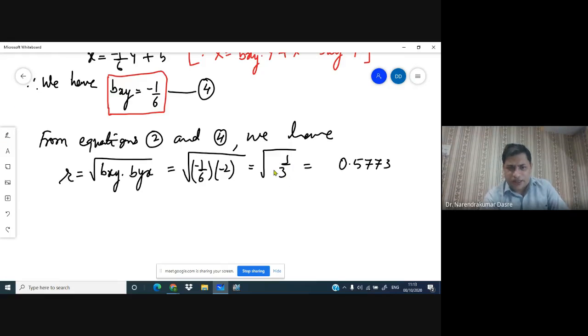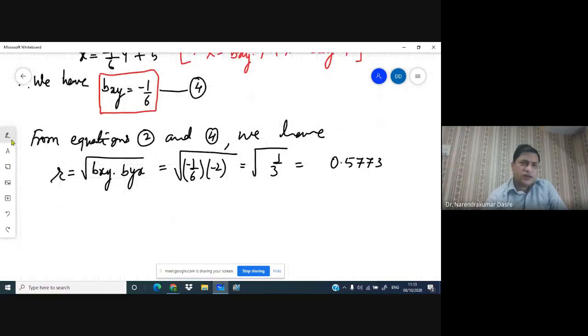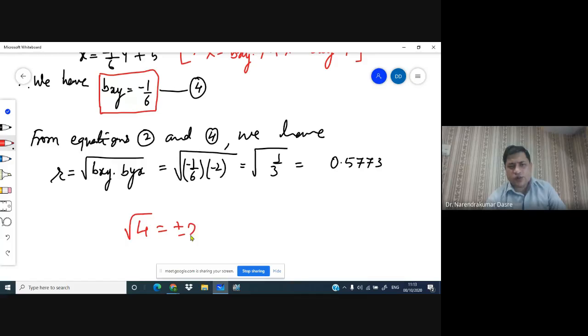Now see the remark. When we consider a square root, square root of 4 is equal to plus or minus 2. So I have here plus or minus 2. But whether it is positive or negative, this sign will be decided by the remark. So what is the remark I have given you? The sign of r, bxy, byx is the same. So all these quantities will have the same sign.